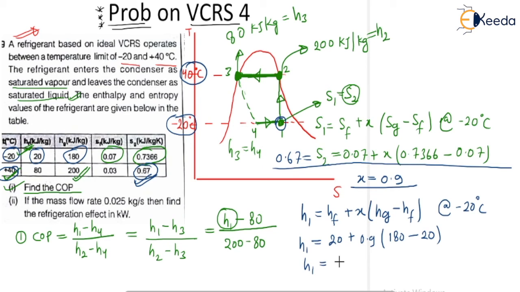And what is our H1 value? Our H1 value is 164 kilojoule per kg. Is it right? Now this H1 value is put in this equation: 164 minus 80 divided by 200 minus 80.